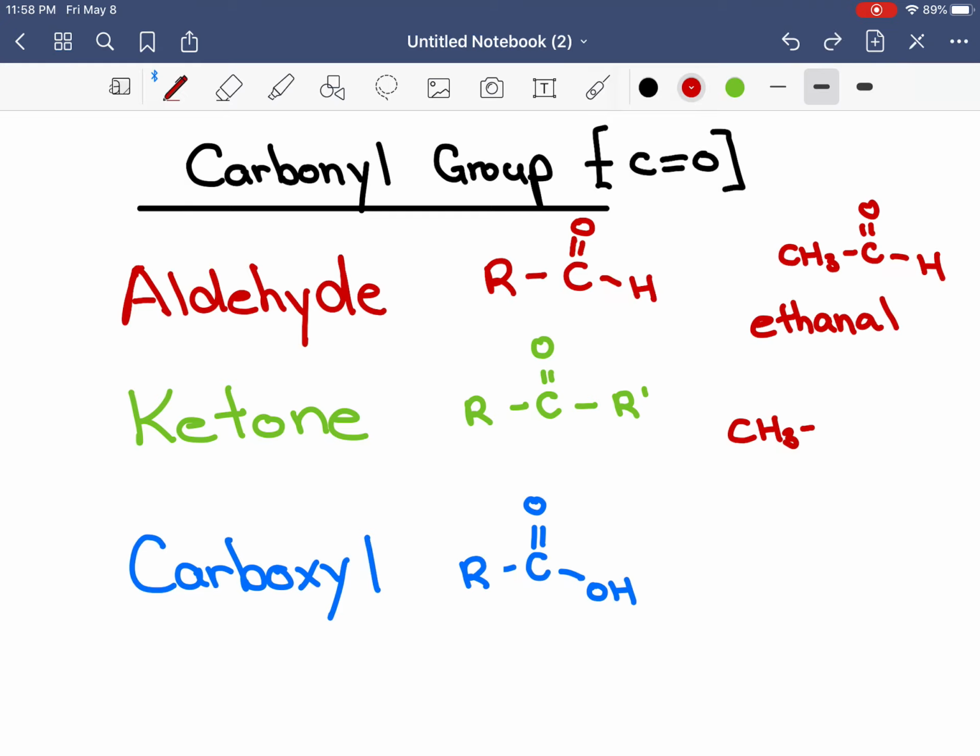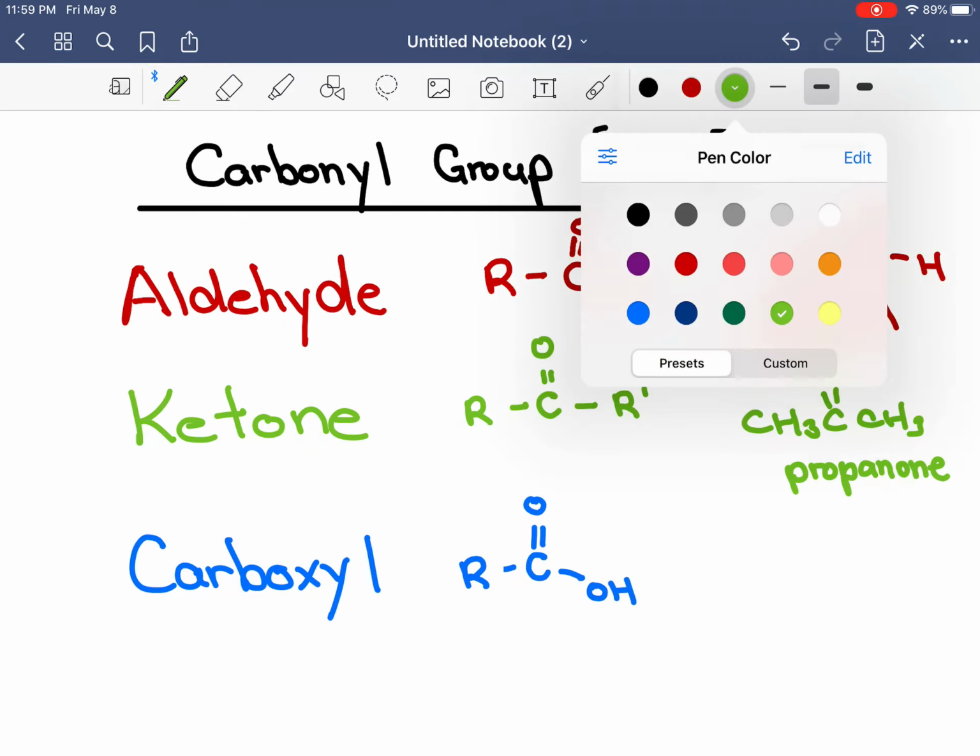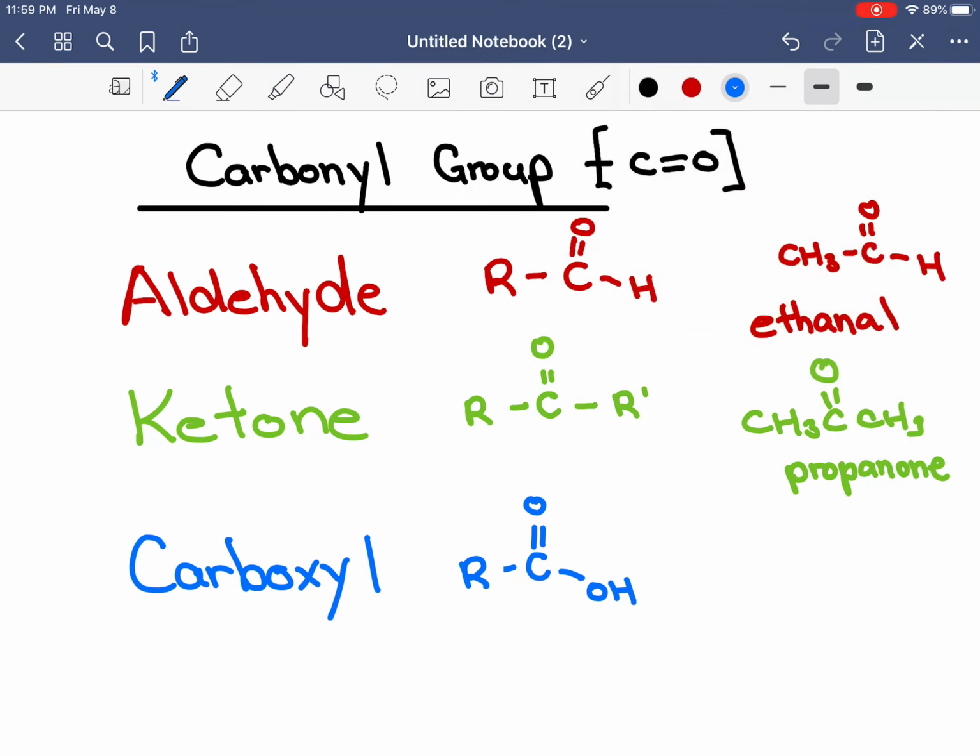Here's an example of a ketone. Why don't I use the same color? Here it is. This is called propanone. And finally, this guy. And don't tell me you have never seen him before.